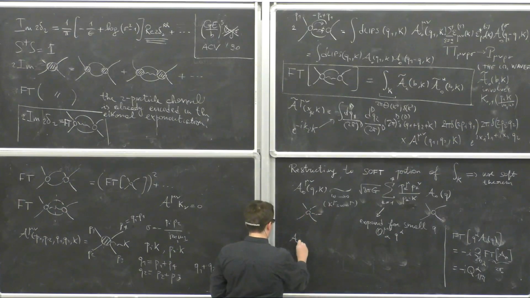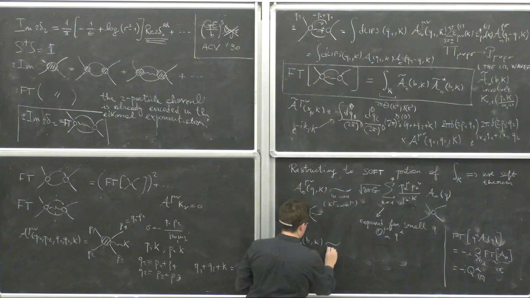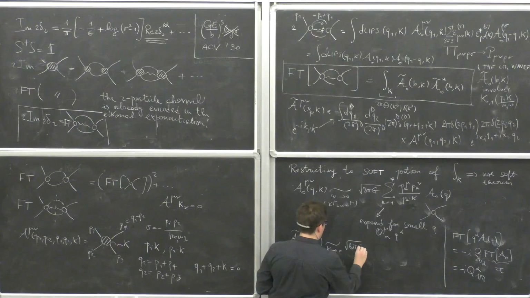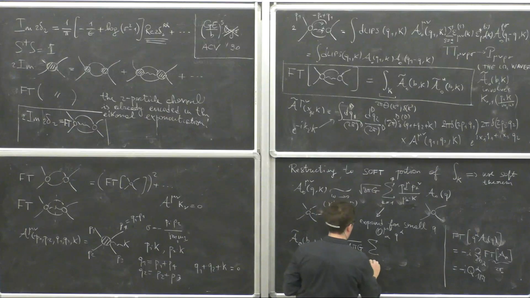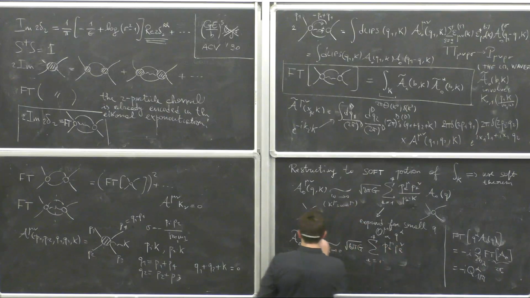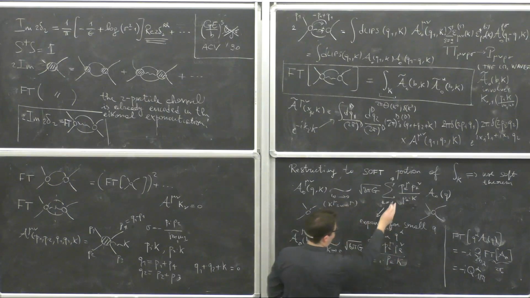So what I'm saying is that A0 tilde of b, k in the soft limit is just square root of 8 pi G, sum over a from 1 to 4, p_a^mu over p_a dot k, which looks like the same, right?